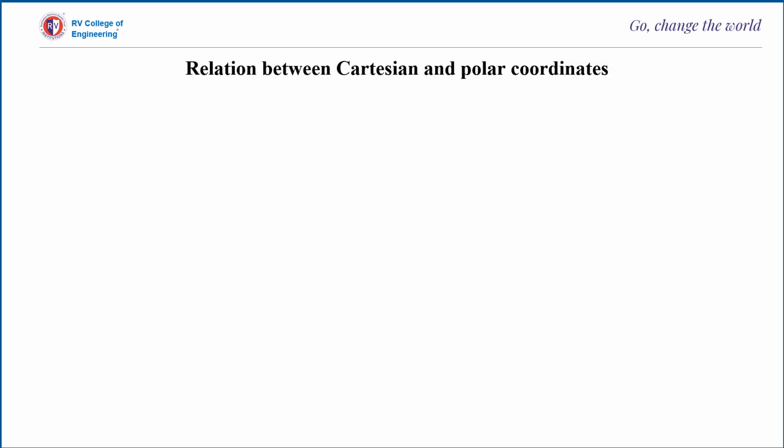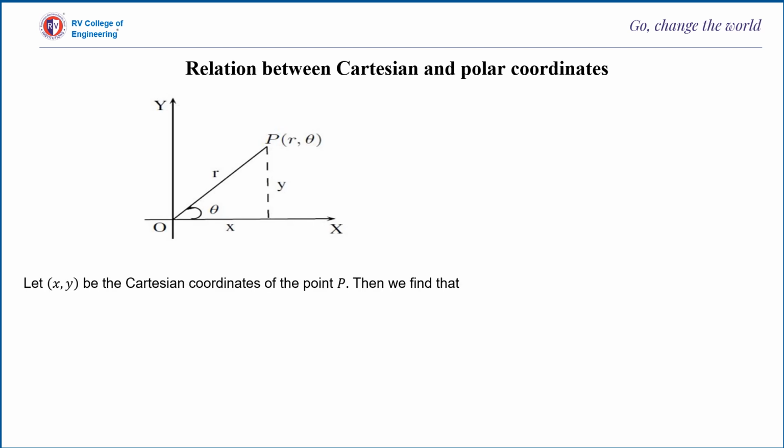Let us see what is the relation between Cartesian and polar coordinates. Let (x, y) be the Cartesian coordinates of the point P. Then r equal to root of x square plus y square, theta equal to tan inverse y by x, is the transformation equation to transform the Cartesian coordinates to polar coordinates r and theta.